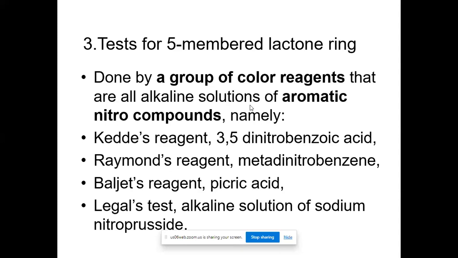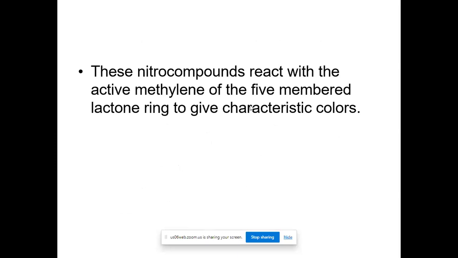In this case, you end up using the Kedde reagent, which is mainly 3,5-dinitrobenzoic acid, Raymond's reagent, which uses the metadinitrobenzene, the Baljet reagent, and the Legal test. So all these will give a positive test if it's a cardenolide. You see there are two types of genins, your cardenolide and the bufadienolide. Remember those two, cardenolide and bufadienolide, or 5-membered and 6-membered lactones. Next.